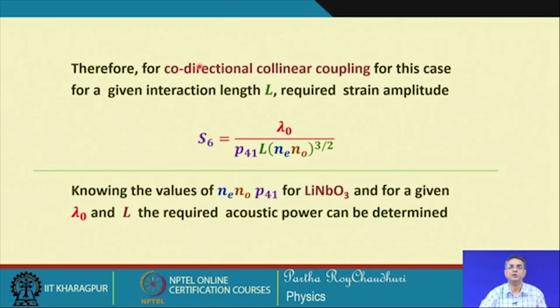So, for a codirectional collinear coupling, as in this case, for a given interaction length L and for all other quantities known, for a given wavelength, the required strain is this S6. This much strain is required, that is the peak strain. This will define the peak strain, and that will give you a complete transfer of power. Knowing all these values, we can calculate the acoustic power that is required for this complete exchange of power, which is very interesting and very useful from the design point of view.